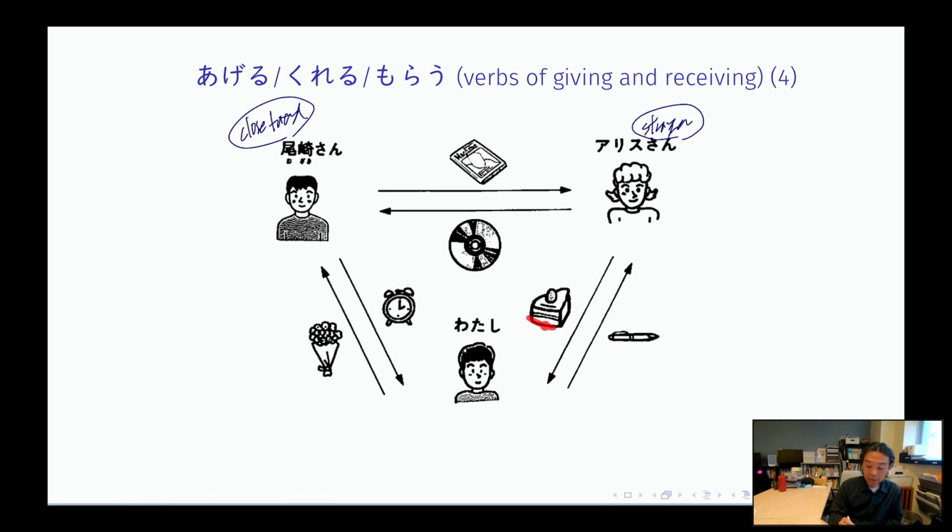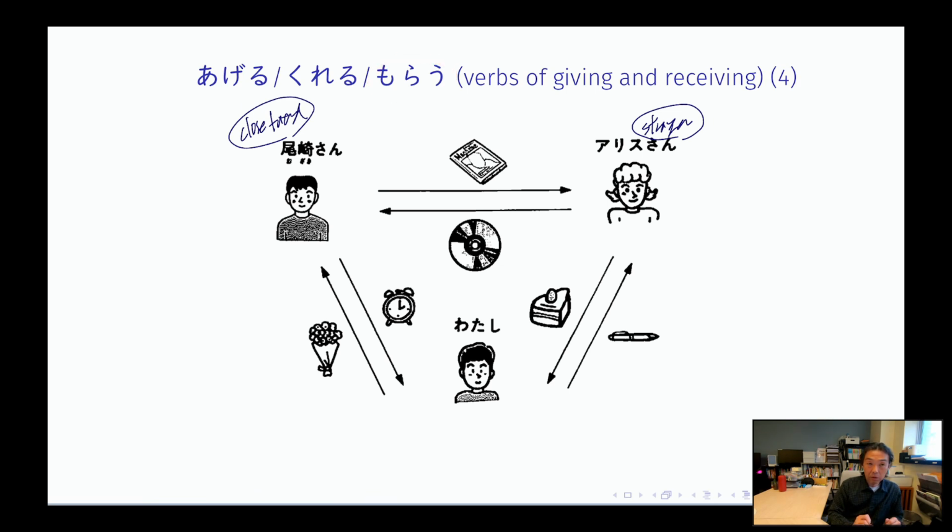Or let's talk about this transaction. Now you start with the recipient, which is 私. Okay. 私はアリスさんにケーキをもらう. Right?